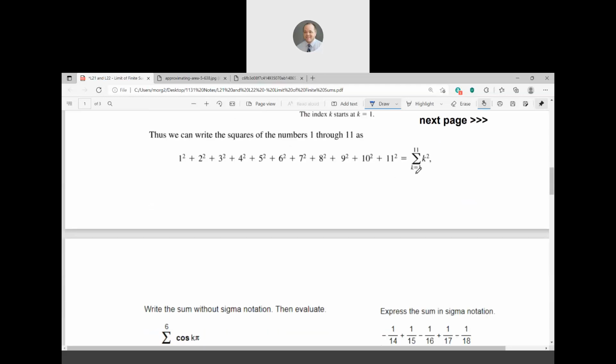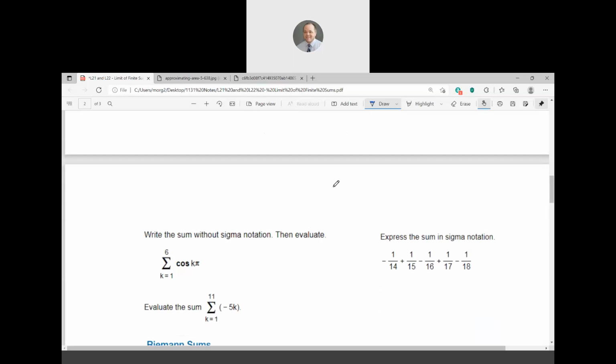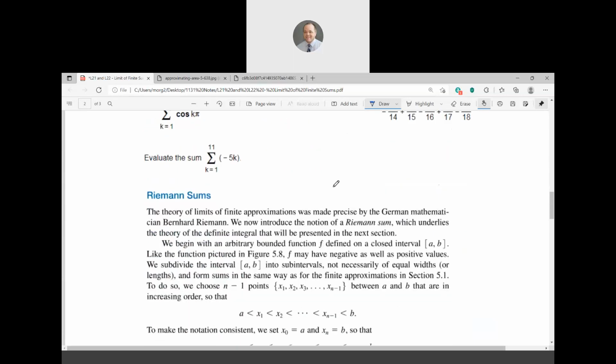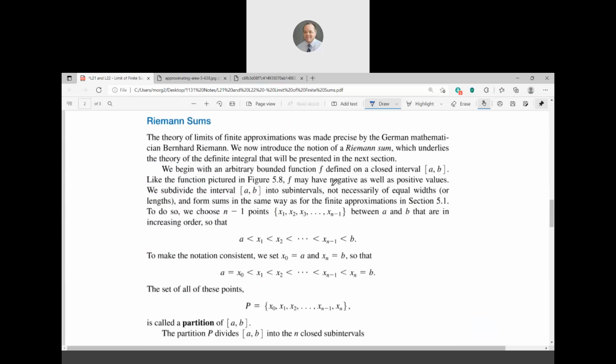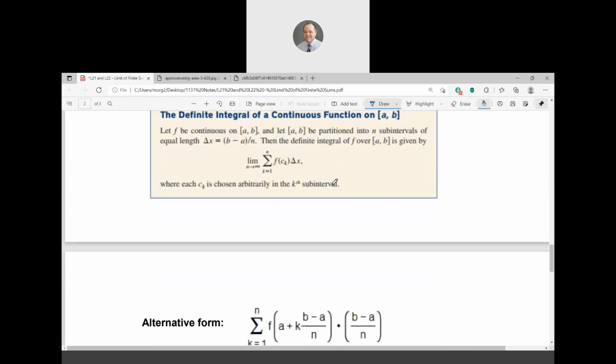You start at 1, plug it in for k, then plug in 2, 3, 4, etc., and then just add them together. But what if you had something that went a lot higher, like you had to find the first 20 terms? There are some formulas that I'll show you in just a minute.